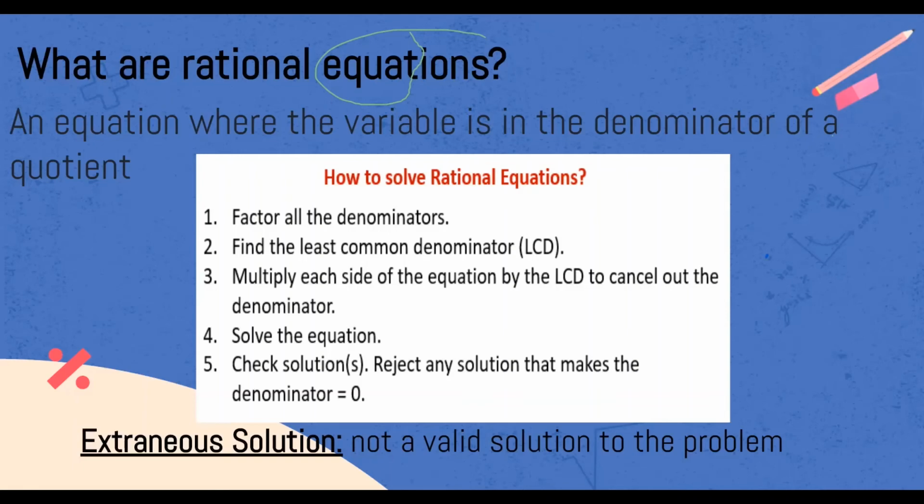And how do you solve rational equations? I have some steps listed in here, but it gets much more comprehensive, I would say, if you do it using an example. So the first step, like we have been doing with rational expressions, is to factor the denominator. You find the least common denominator like we just did for our previous problem, then you multiply each side of the equation by the least common denominator, and after that you solve the equation.